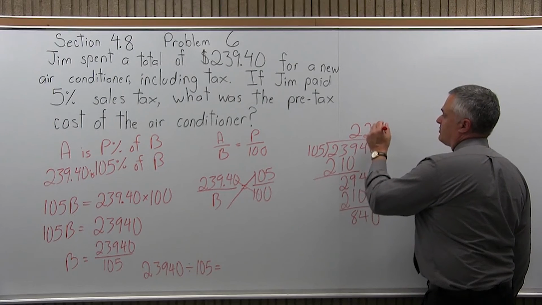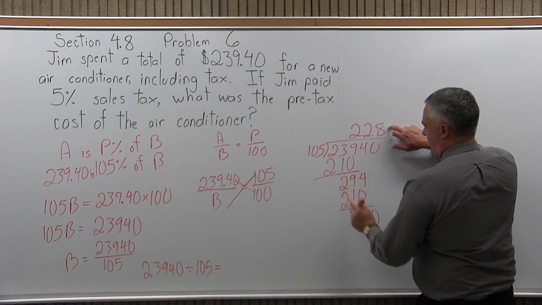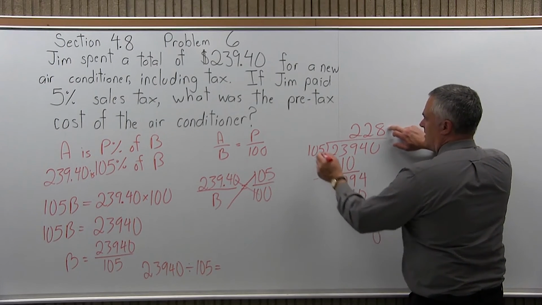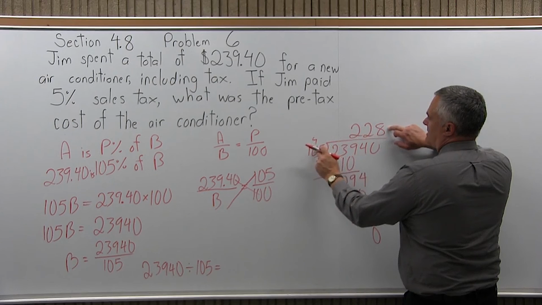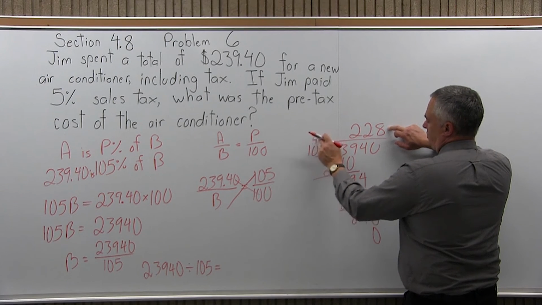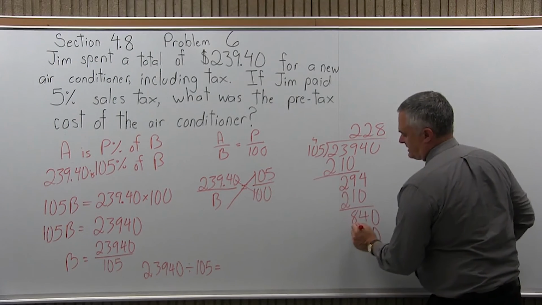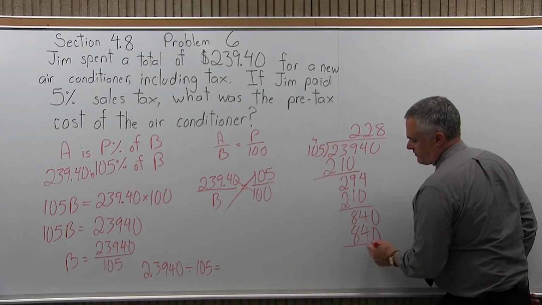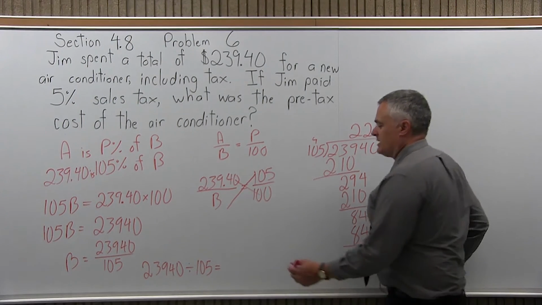So 8 fits pretty good. So if I do 8 times 5, that's 40. Write the 0, carry the 4. 8 times 0 is 0, plus 4 is 4. And then 8 times 1 is 8. Look at that, 840, subtract. No remainder, so 228. B is 228.